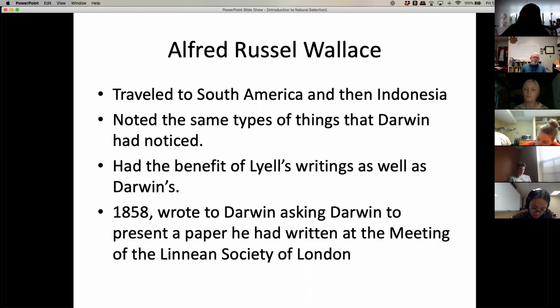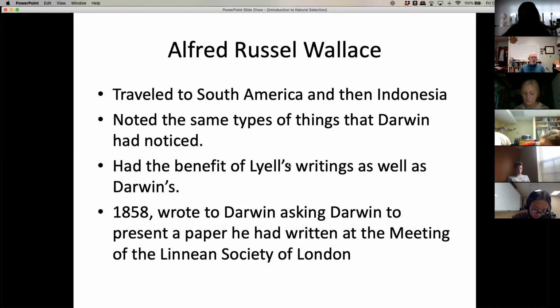And then rather than being totally discouraged, he then took off for the Malay Archipelago. And while he was in the Malay Archipelago, he was noticing the same kinds of things that Darwin had noticed. The relationship between the flora and fauna of islands and the continents that were nearby. The fact that species that lived in one area tended to all resemble one another in many fundamental ways.